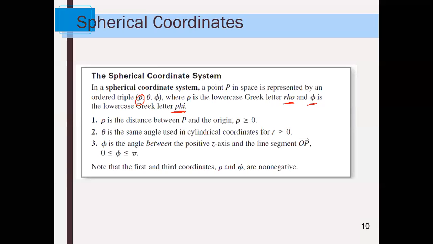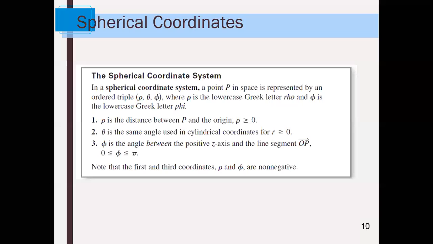Rho is the distance between the origin and the point. If rho is negative, that means you just flip around to the other side. Do you know what I'm saying? So you could do a similar thing even if rho happens to be negative. We'll look at this more closely in just a minute. Any questions on that before we move on?